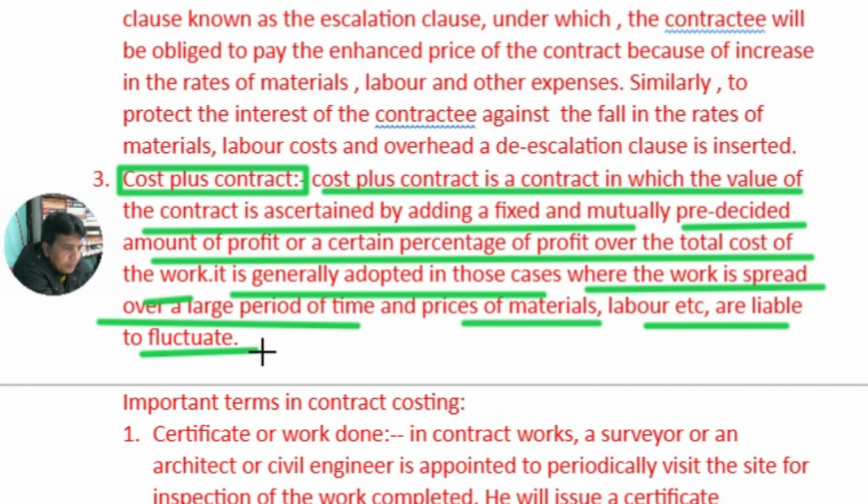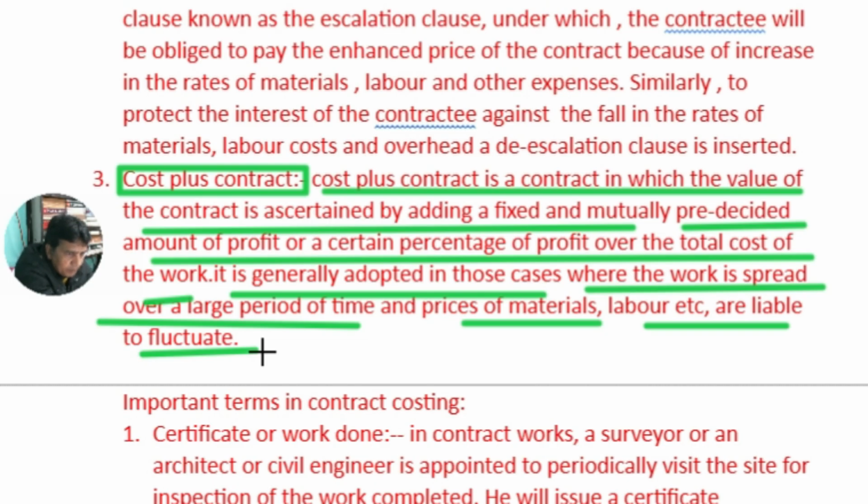Then the contract price will be 1,20,000, that is, the total cost of rupees 1 lakh plus 20%. So 1,20,000 is payable to the contractor by the contractee on the completion of the contract work, or the contract price is rupees 1,20,000.